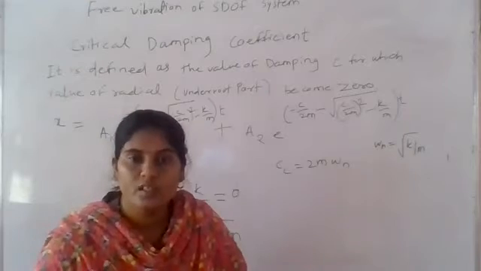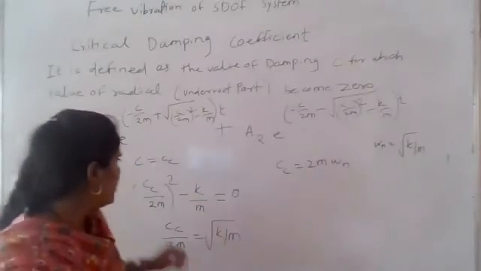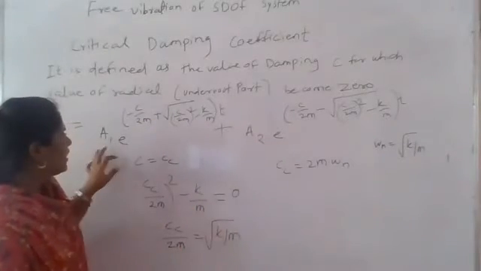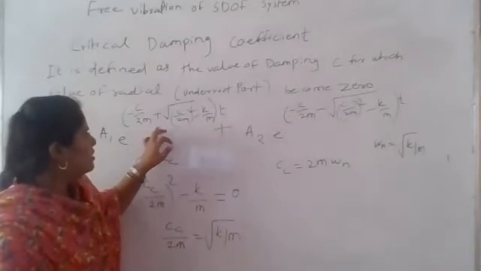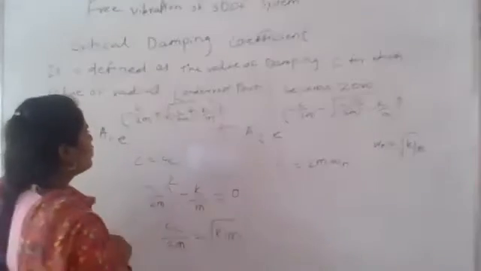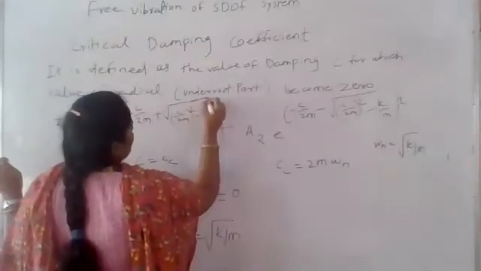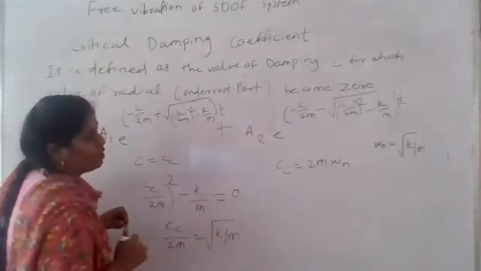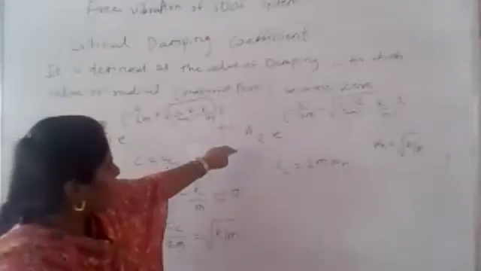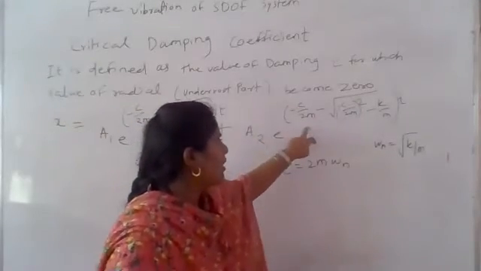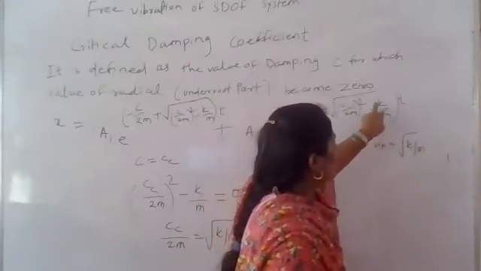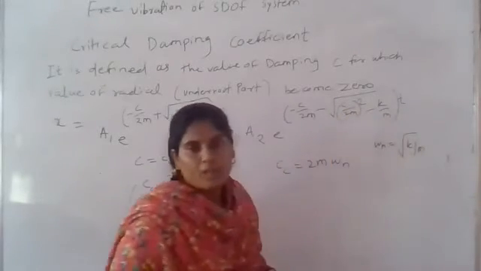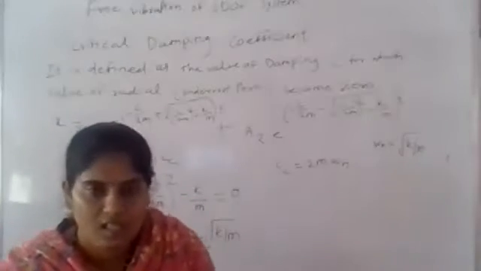Putting these into x of t, we get A1 e raised to minus c by 2m plus root of (c by 2m) squared minus k by m, times t, plus A2 e raised to minus c by 2m minus root of (c by 2m) squared minus k by m, times t. Up to this we saw in the last lecture.